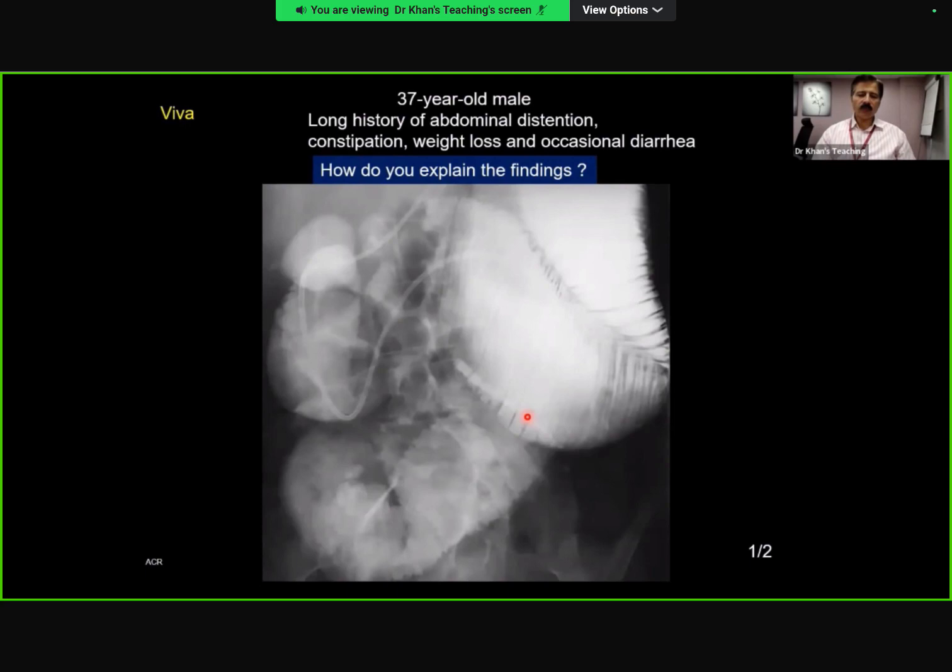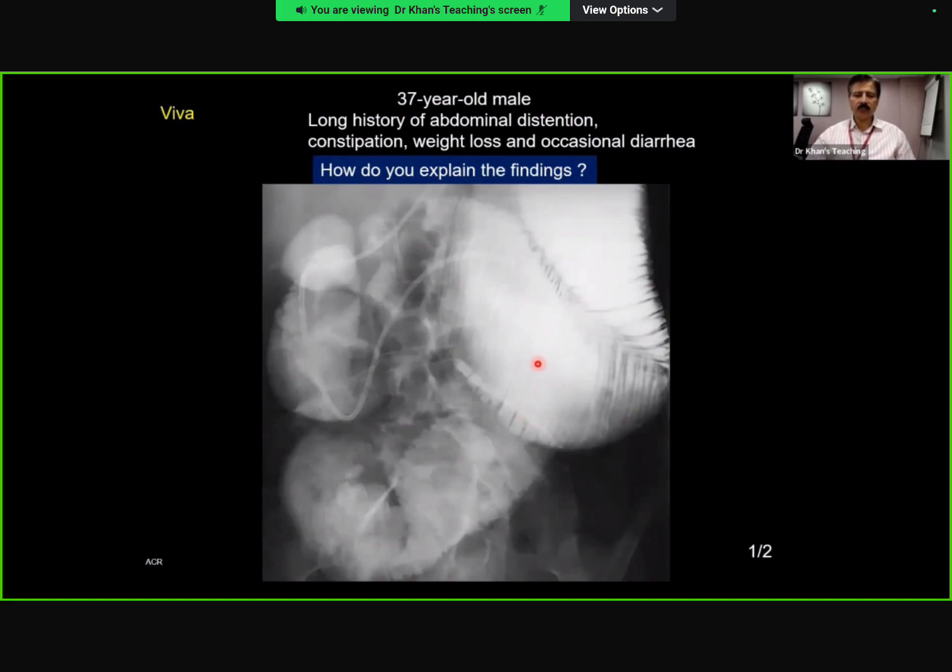Because the circular muscles are affected, there is loss of capability of elongation of the bowel. At the same time, there is no loss of capability of dilatation. So there is crowding of folds in a dilated bowel loop of the small bowel.